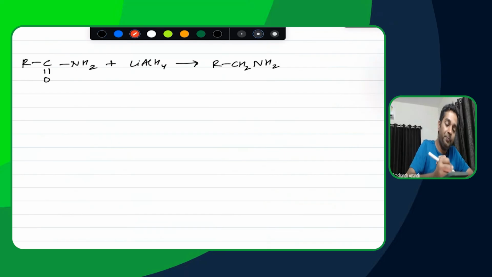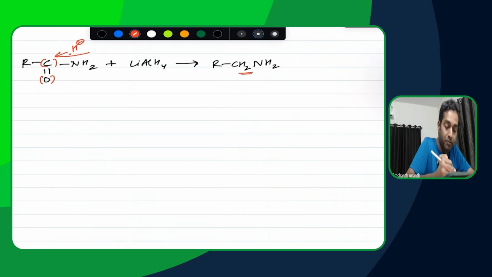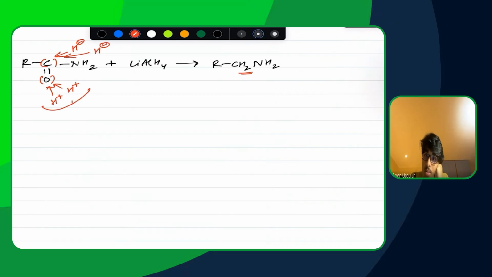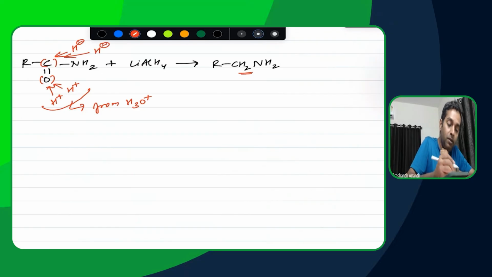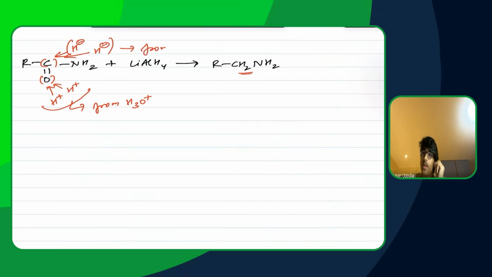What is happening? We should have RCH2 forming from the C double bond. H minus here twice, and H plus here twice. The H plus will be from H3O plus, whereas the H minus on the other hand will be from LiAlH4.